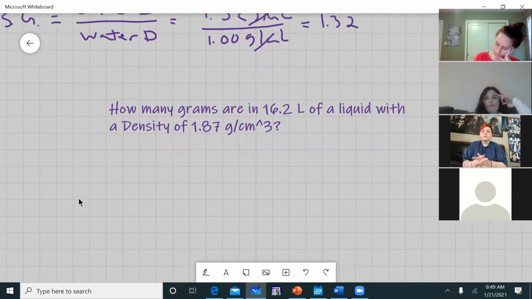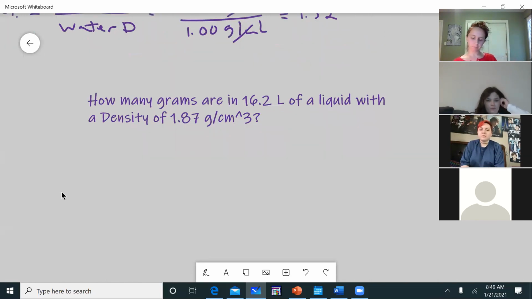Okay, how many grams are in 16.2 liters of a liquid with a density of 1.87 grams per centimeter cubed? So I'll give you all about 3 minutes to work through that. It's a density problem.